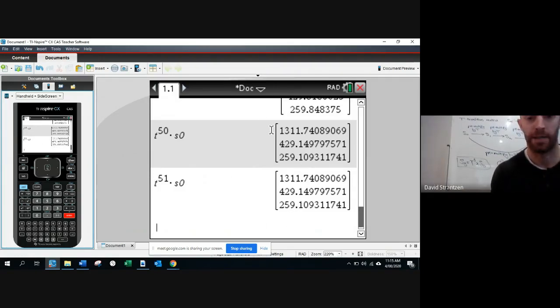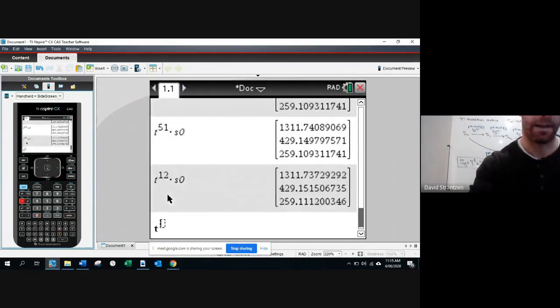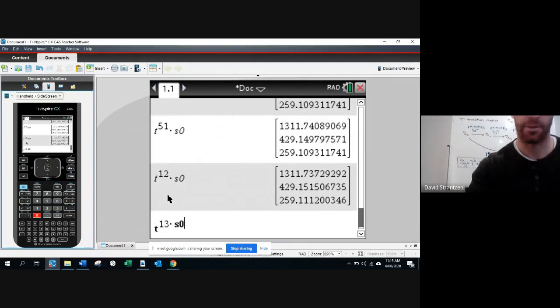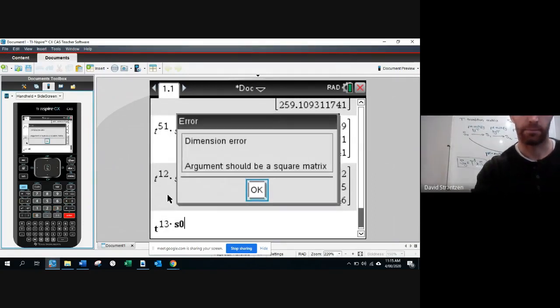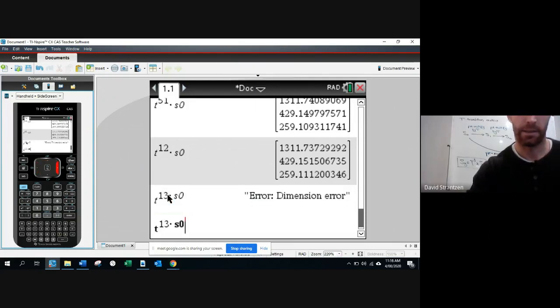If I was to try and get steady state and I did T to the power of 12 times S0 and T to the power of 13 times S0, oops, typed that in incorrectly. Yep, I've got to move the cursor down, times S0.